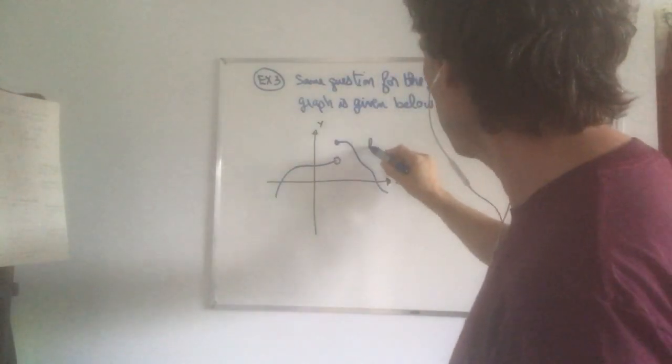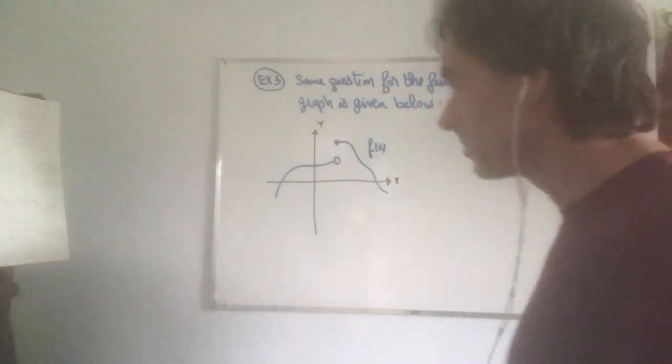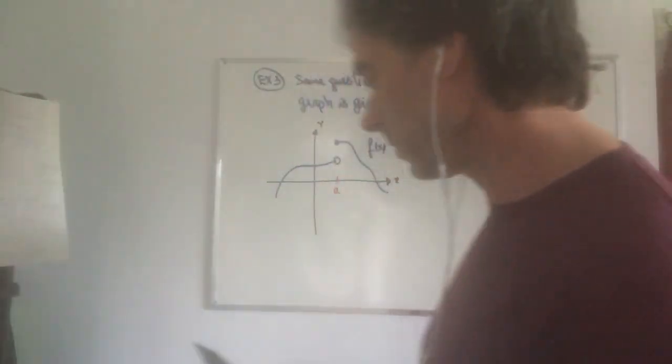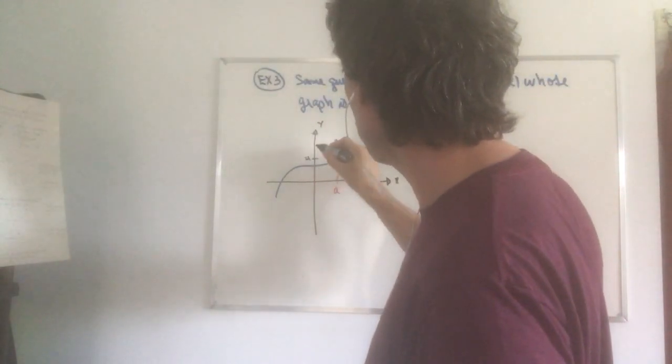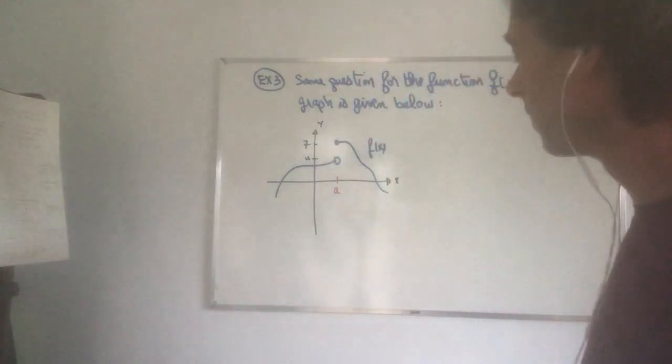So this is the graph of f of x. Let's give ourselves a couple of pointers as usual. Some points on the y-axis. Let's put this as 4. Let's put this as 7, just to have some numbers.